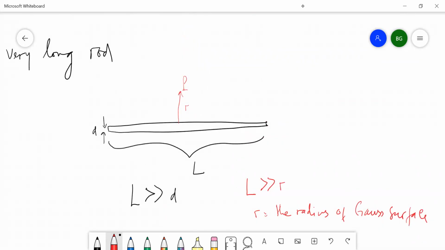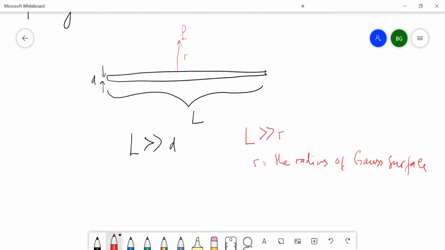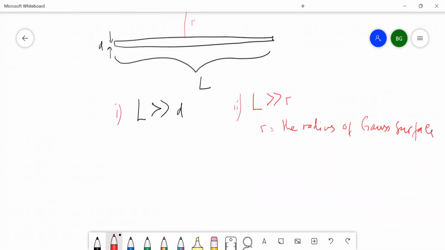So in this case, the very long rod, if we have this condition, we can approximate that this rod has cylindrical symmetry.